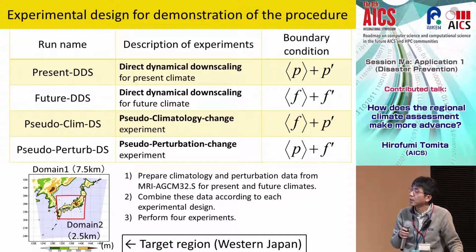The latter two are pseudo climate change experiments, in which we use a boundary condition with future climatology and present perturbation, and also present climatology and future disturbance.